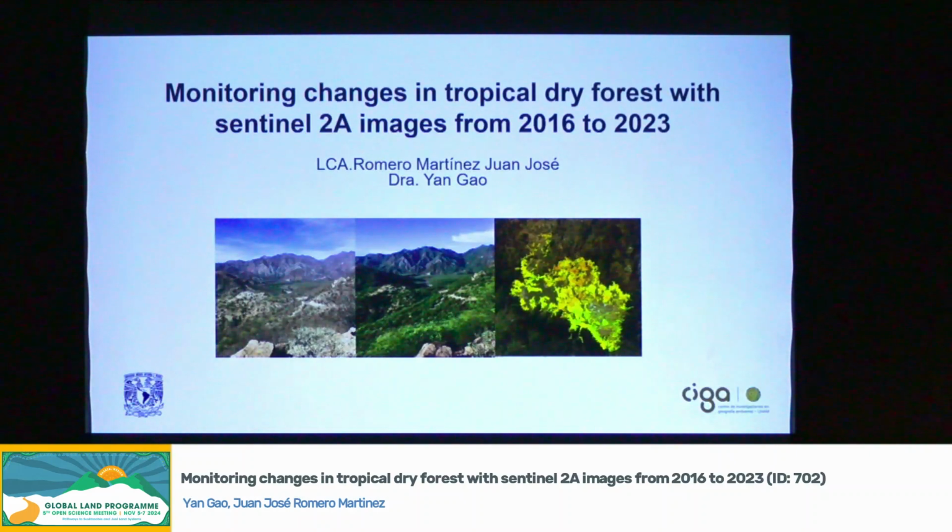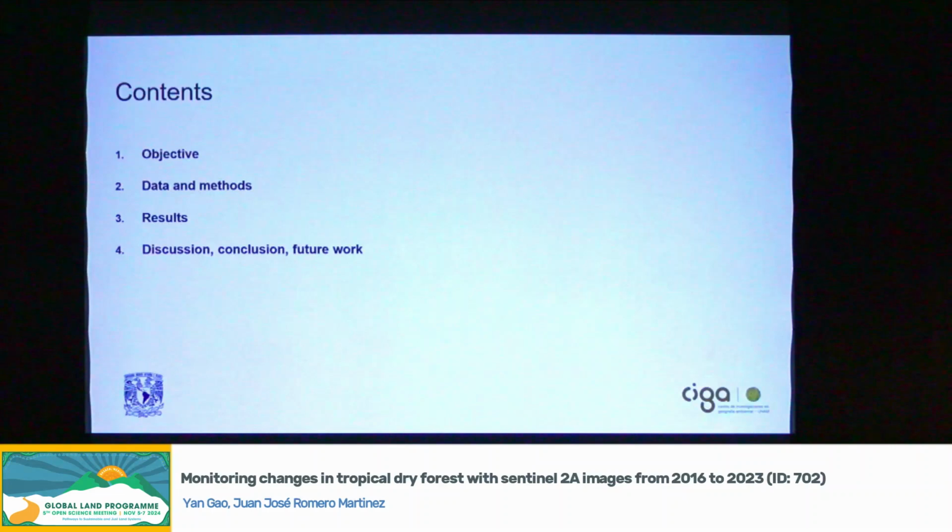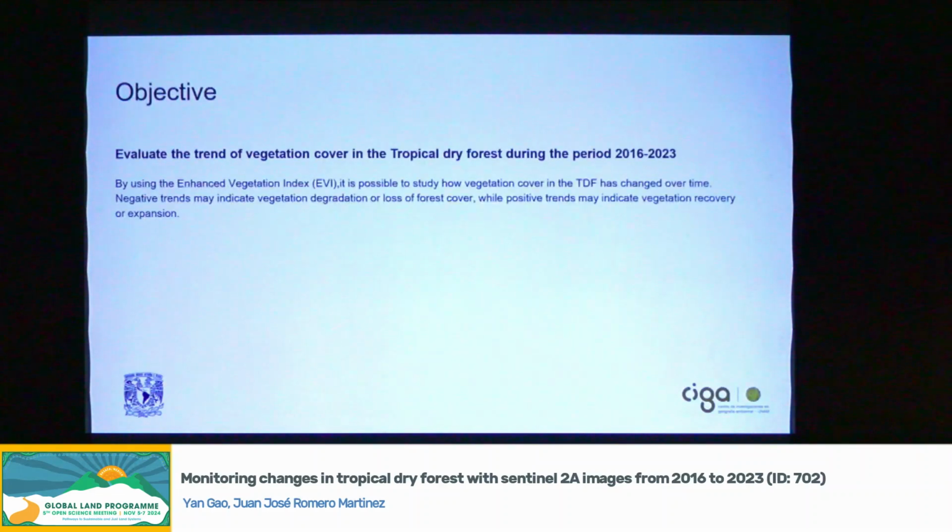We're trying to see vegetation change in a tropical dry forest with time series analysis. The general objective is to evaluate the trend of vegetation cover in the tropical dry forest during the period of 2016 to 2023.